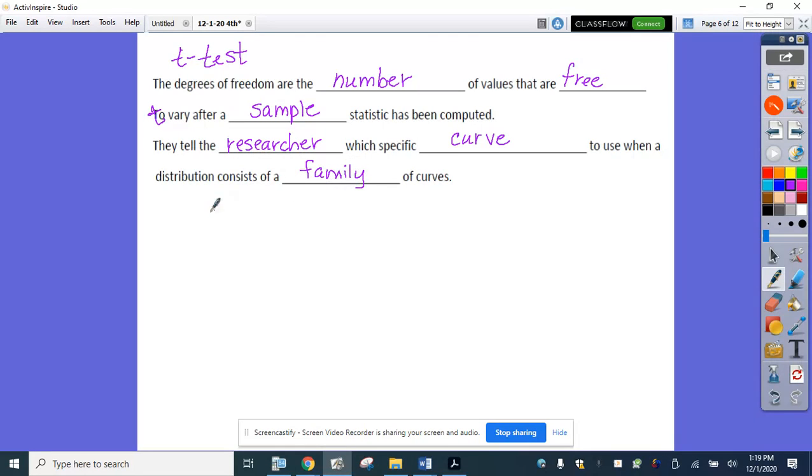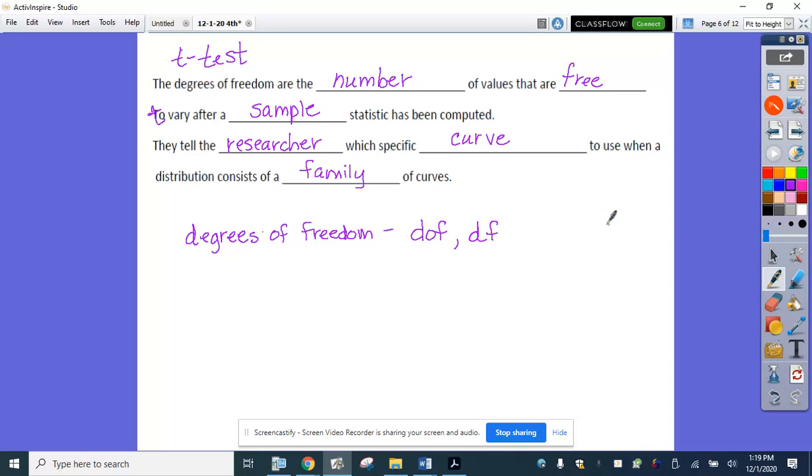Now, there's a couple things that you need to keep in mind. Degrees of freedom over the years have been abbreviated in a couple of different ways. And I think it's because we get lazier as we go along. It used to be DOF, degrees of freedom, and now it's just DF.